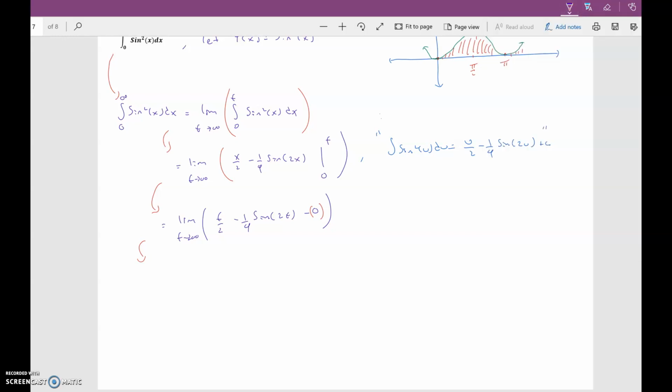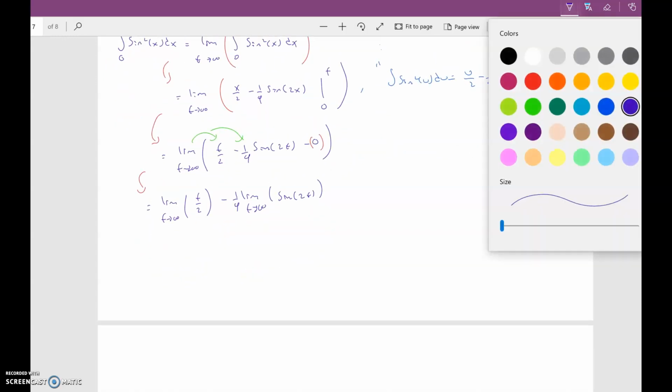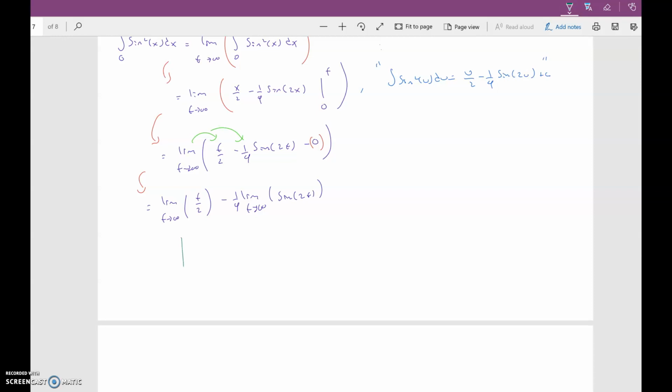So we're just evaluating the limit as t approaches infinity. Let me distribute the limit to those two terms. You're going to have the limit of t divided by 2 minus 1/4 times the limit as t approaches infinity of the sine of 2t. Okay, so let me do a quick sketch of both of these functions.